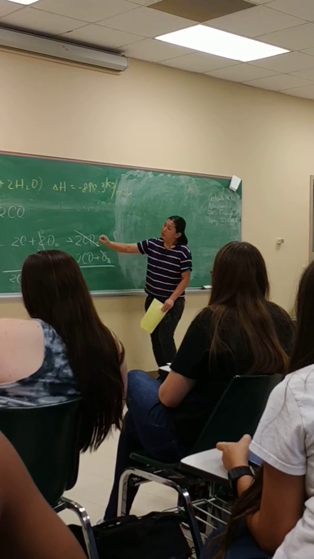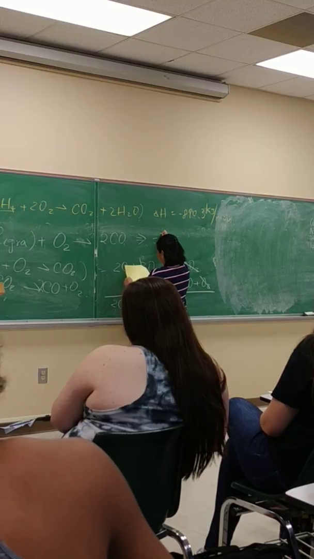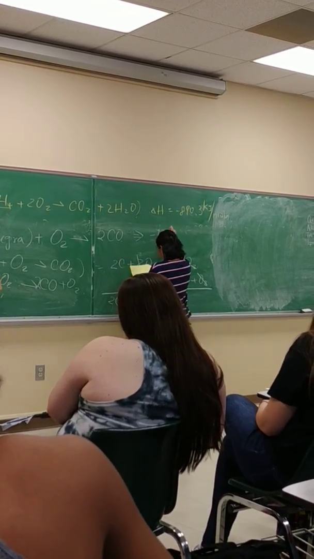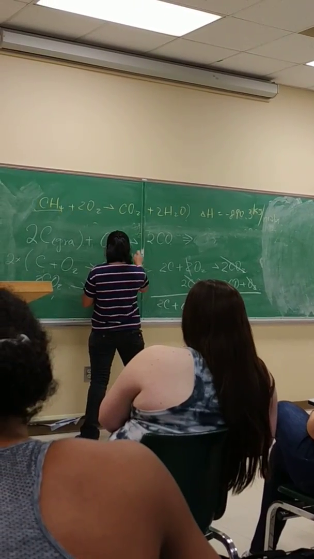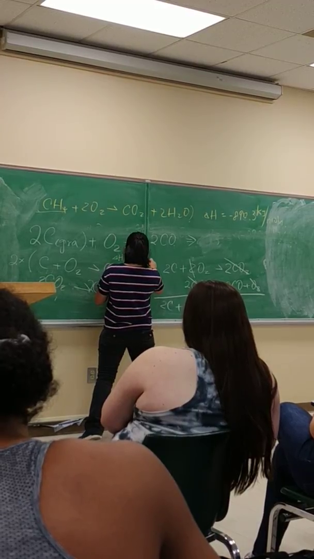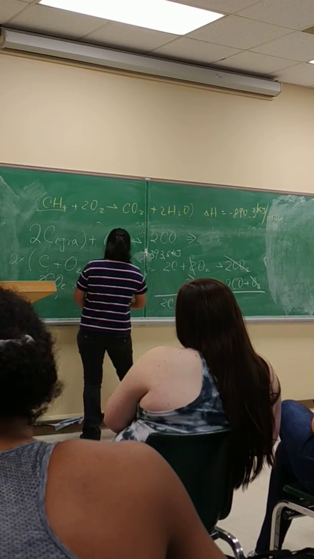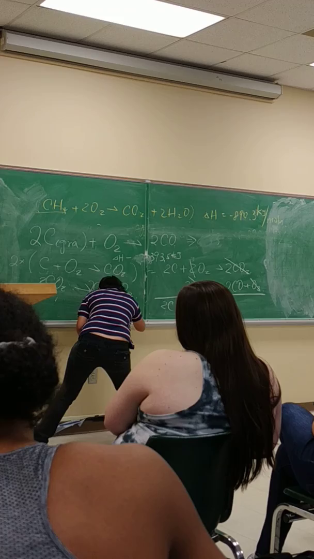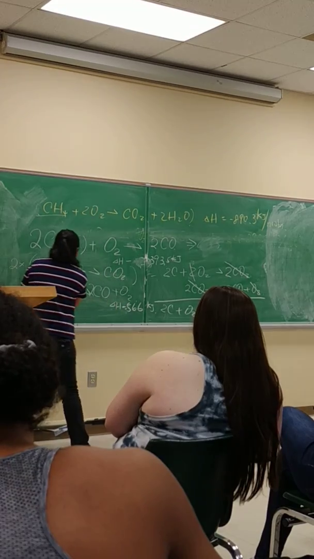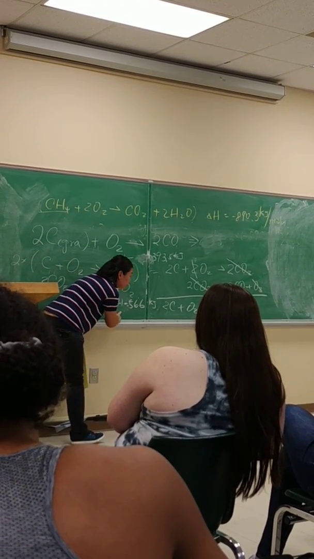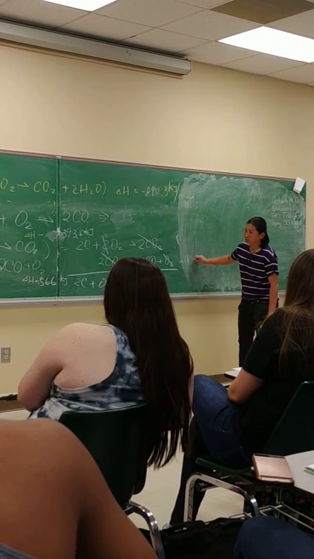So what happened is, with this, they calculate. I'm sorry. This I will give you delta H minus 393.5 kilojoule. And this reaction is minus 566 kilojoule. But because we have to times this by 2, so what we actually have times 2, right?